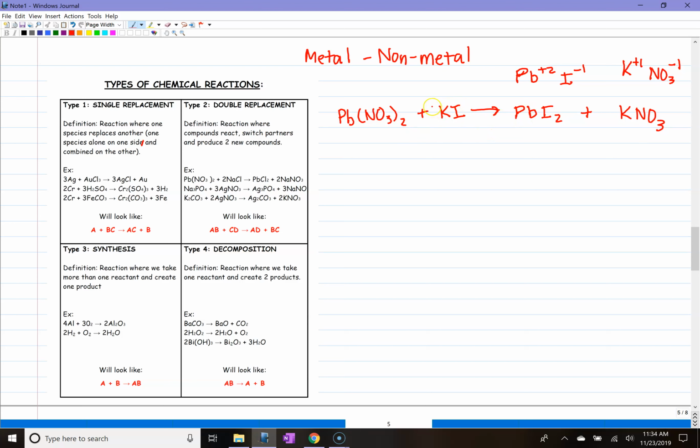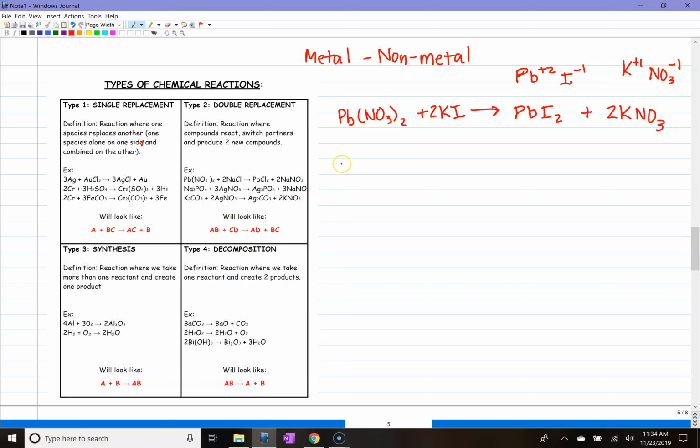I need to balance out iodine. So that's going to be a 2 there. And I'm going to balance out nitrate by putting a 2 in front of the potassium nitrate. And now I have 1 lead, 2 nitrates, 2 potassiums, and 2 iodines on each side.